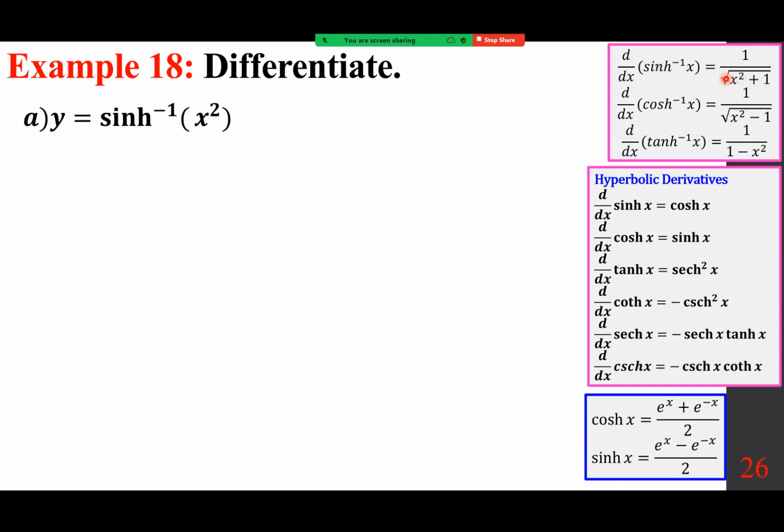But for sinh inverse it is 1 over square root of x squared plus 1. It's similar. For cosine inverse it was negative 1 over square root of 1 minus x squared. So this one changes here, x squared minus 1. Tangent inverse was 1 over 1 plus x squared. For the hyperbolic tangent inverse it is 1 over 1 minus x squared.